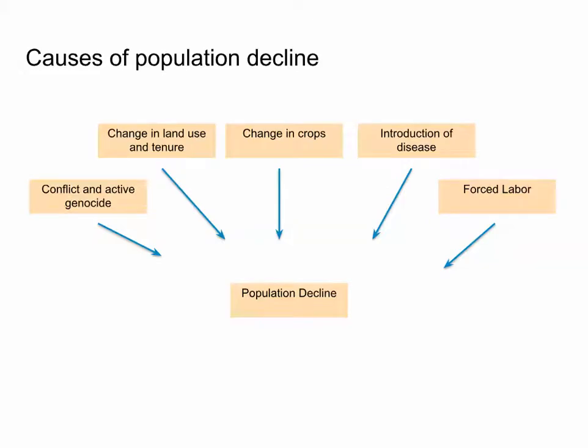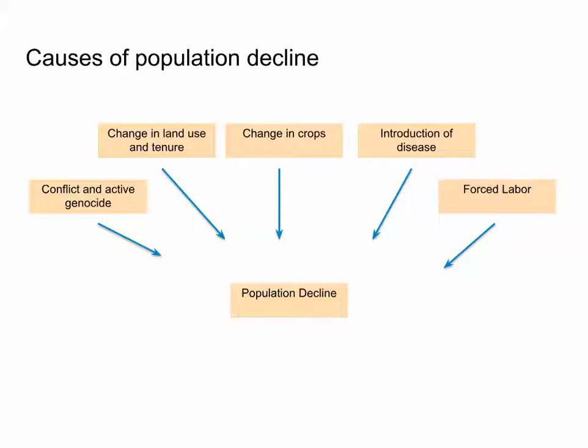Why does this happen? Well, obviously, I've shown you the basic ones, but what we do know is that the Columbian exchange changed a number of things. First of all, obviously, we have the conflict and the active genocide. There's no way around it. Both the Portuguese and the Spanish actively eradicated local populations. In addition, those that remained lost land. Those that remained were forced to grow different crops.